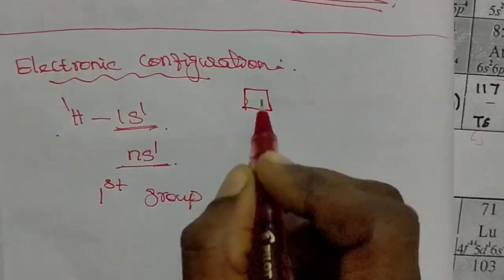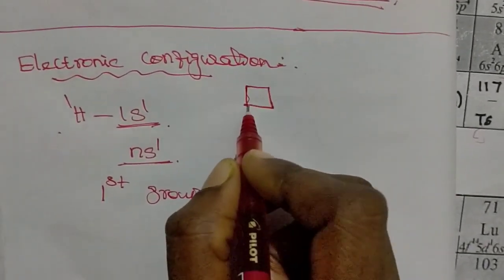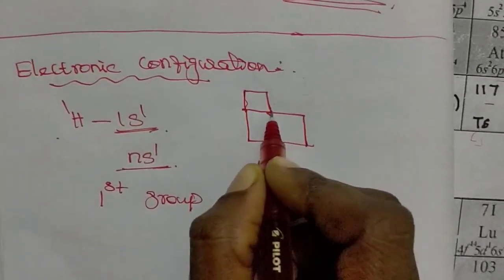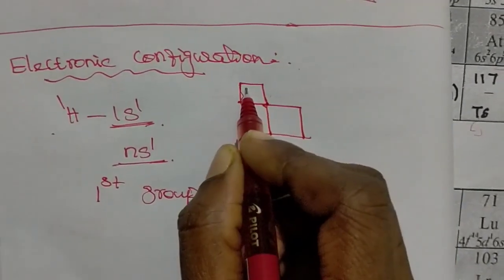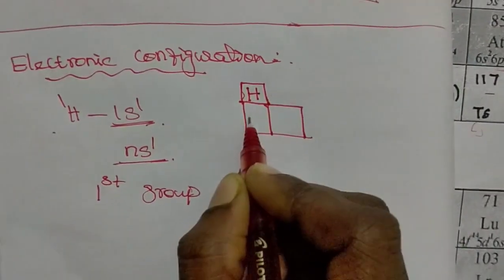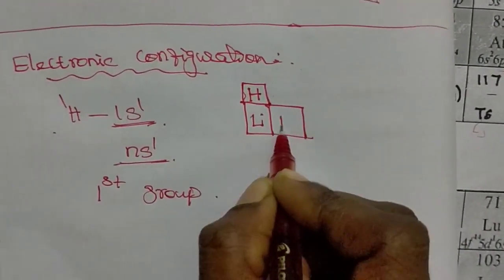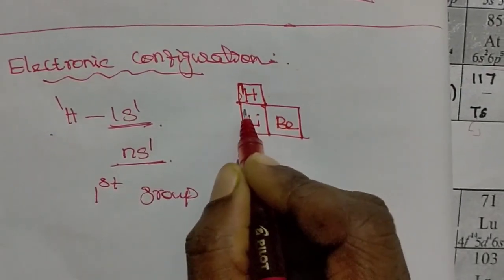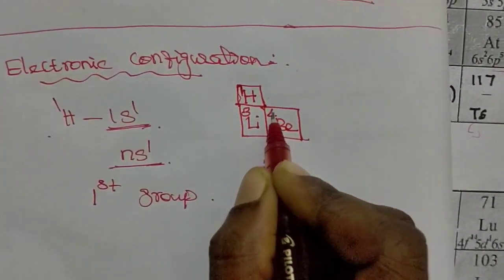The position of hydrogen in your book or the modern periodic table is at the top left of the modern periodic table. Hydrogen, lithium, beryllium: 1, 3, 4.